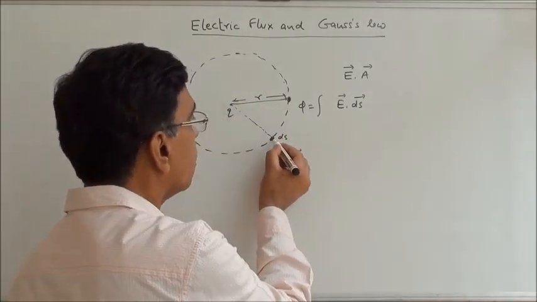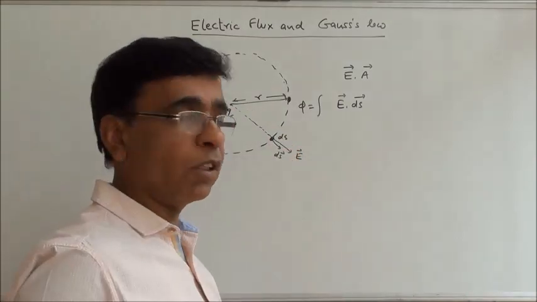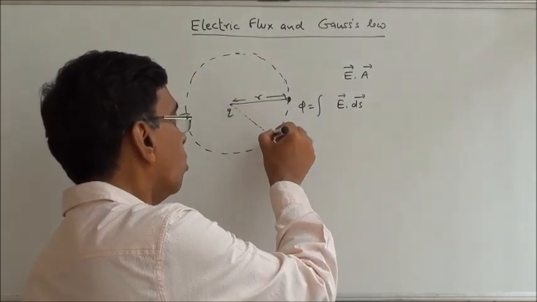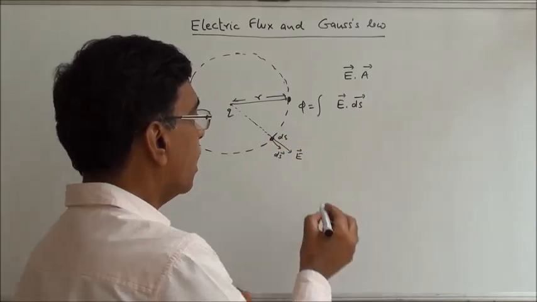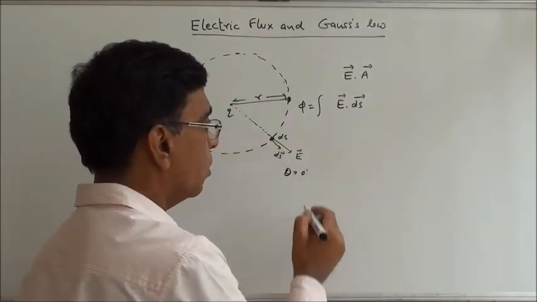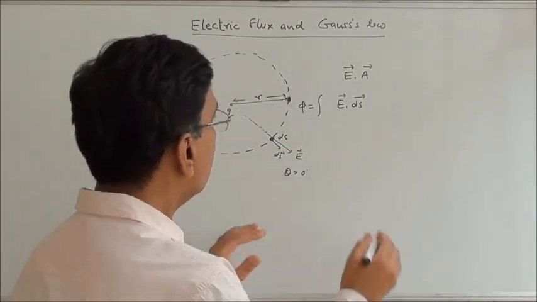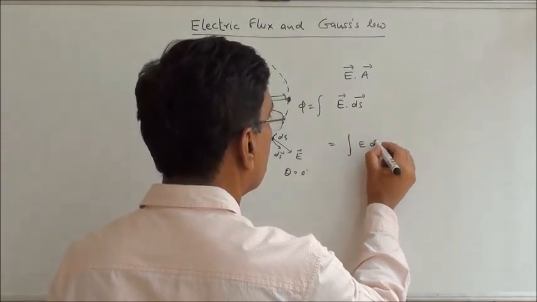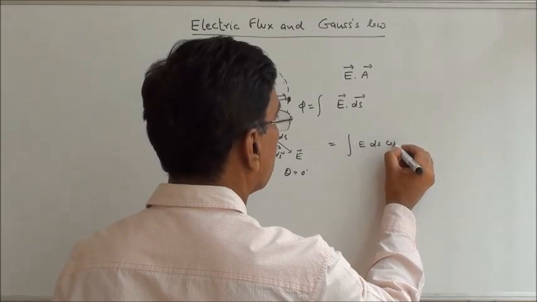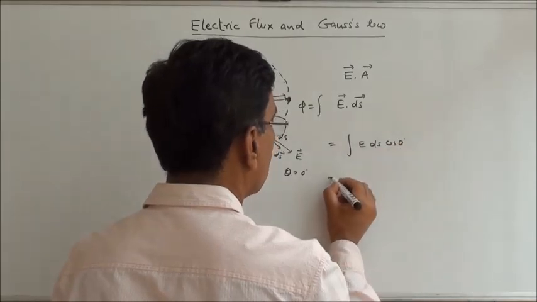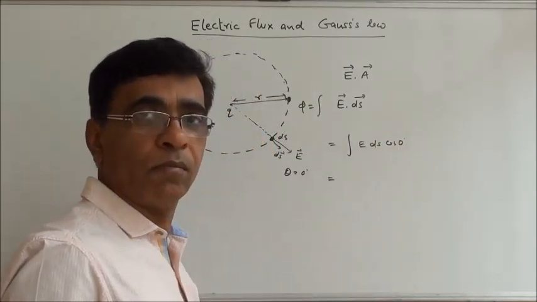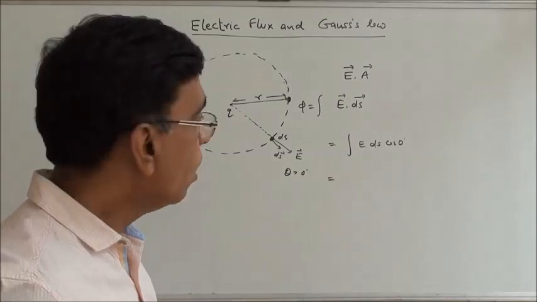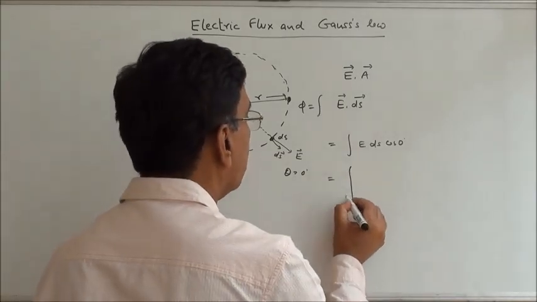Electric field is always the force on a positive charge, along this line, away from it. So the angle between them is 0. So flux is E ds cos 0. Cos 0 is 1.